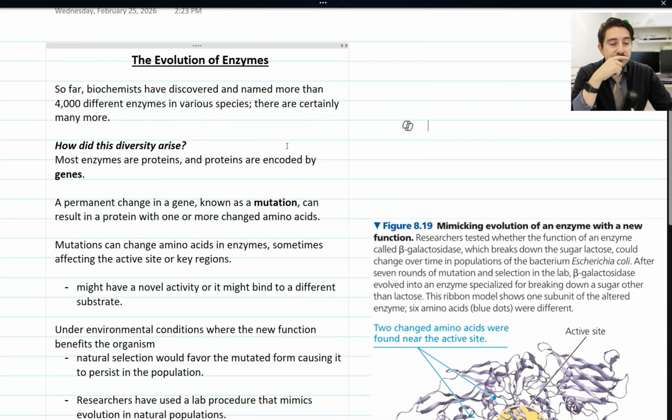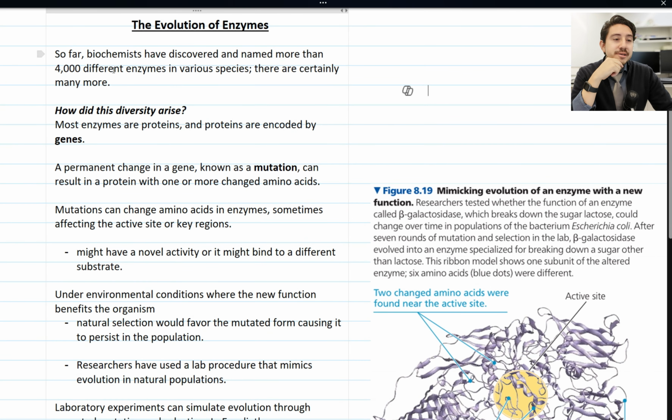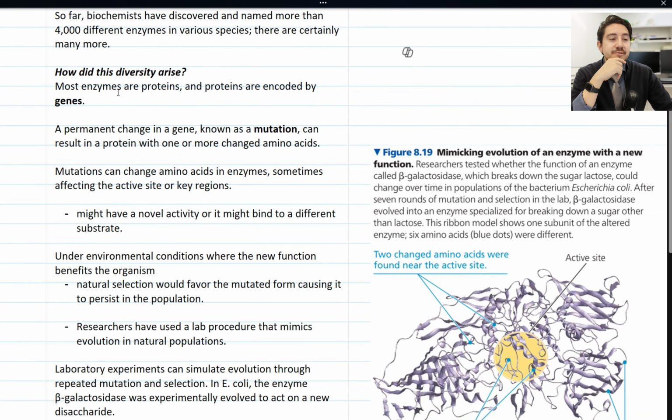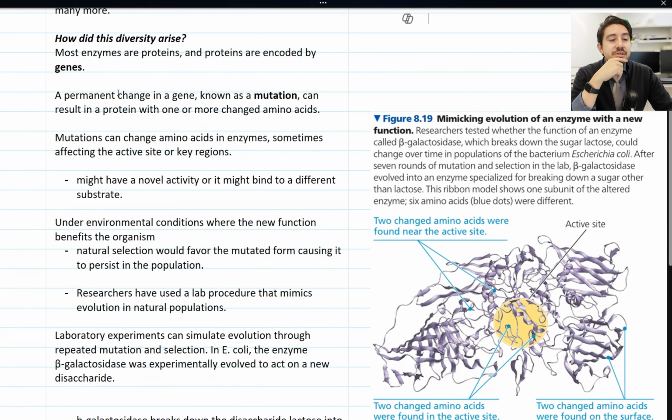So here you have evolution of enzymes. Biochemists have discovered and named more than 4,000 different types of enzymes within different species, and of course there are many more. This diversity, we're going to see in a lot more detail when we get into mutations.